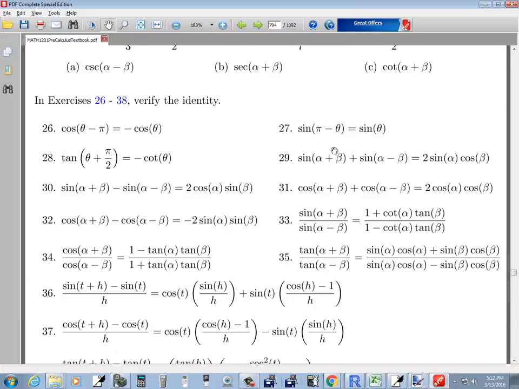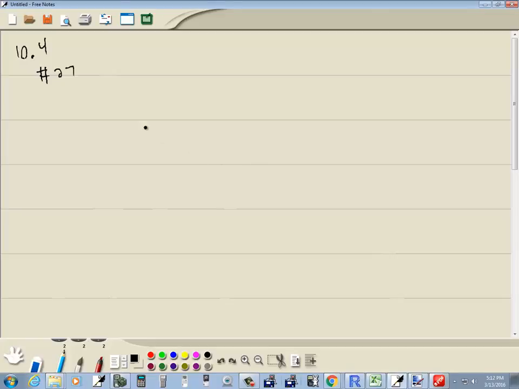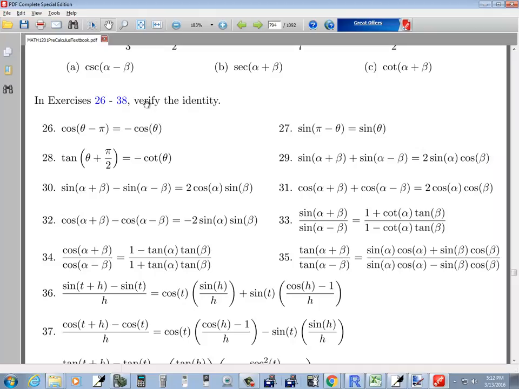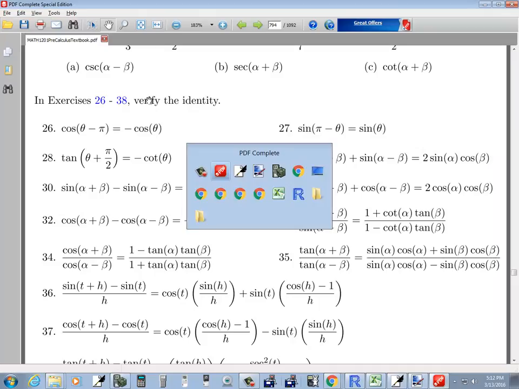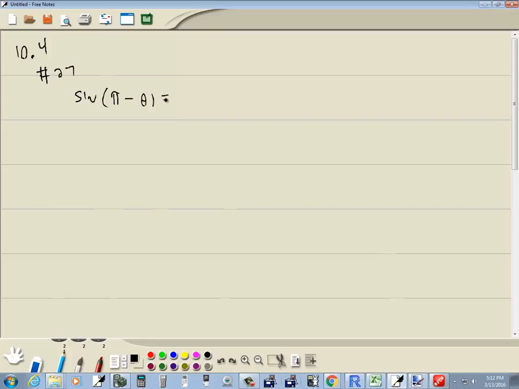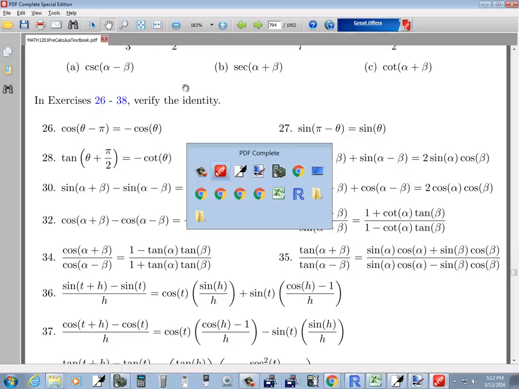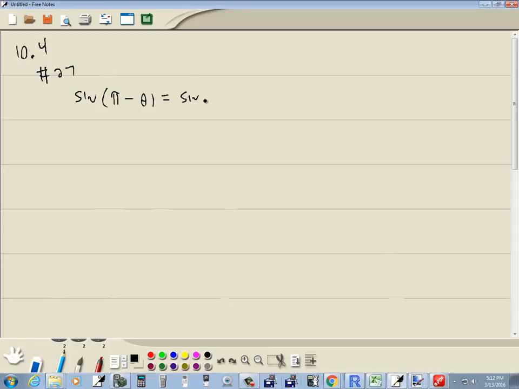Identity. Okay. Sine of pi minus theta. And we want to show that that's equal to sine theta. Again, verifying identities, we start with the hardest side, which looks like this.